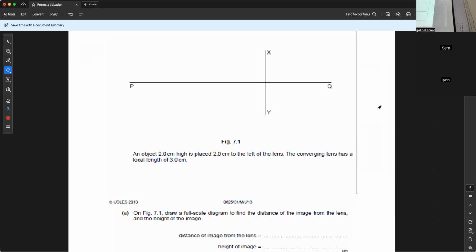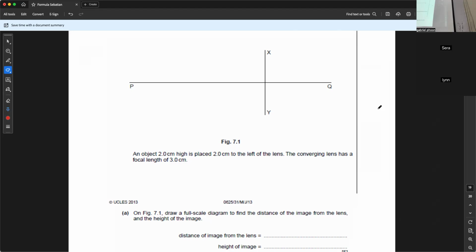So you see this question here, the object is only 2 cm high. Then around here, it will measure 2 cm high. And then it's also placed 2 cm from the left of the lens. This is your lens here. They're going to measure 2 cm, and this is where the object will be.